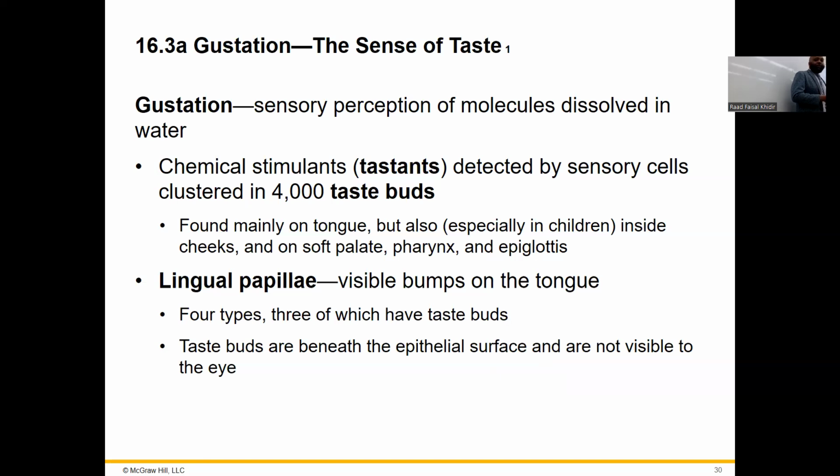We will see that. And there are about 4,000 taste buds, and they are distributed in different types of papilla. Some papilla do have a taste bud associated with them, and other papilla do not have taste buds. So let's look at the different types of the papilla. The papilla are these visible bumps that are found on the tongue.